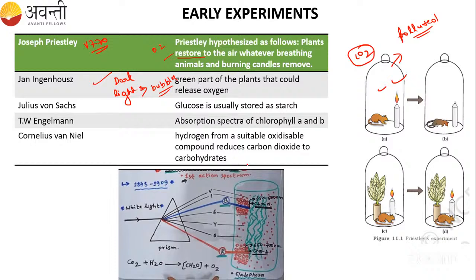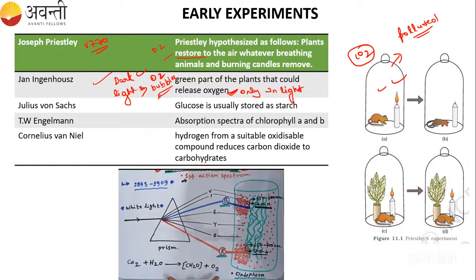Those bubbles are nothing but oxygen, right? He observed the bubbles only in the light, and they were not present in the dark. Then he concluded that the green parts of the plant release oxygen only in the presence of light. Remember, only in light.